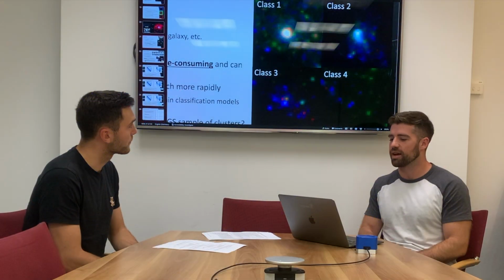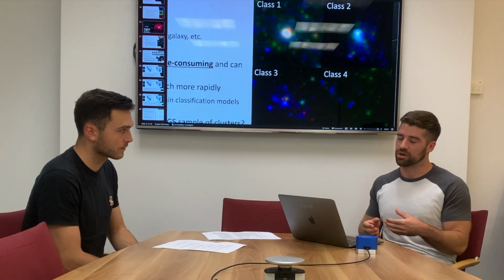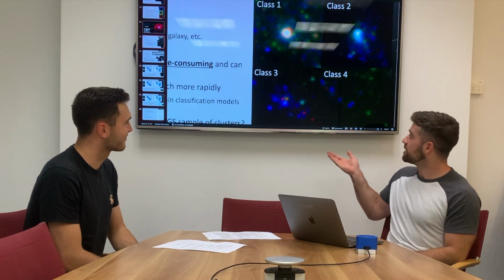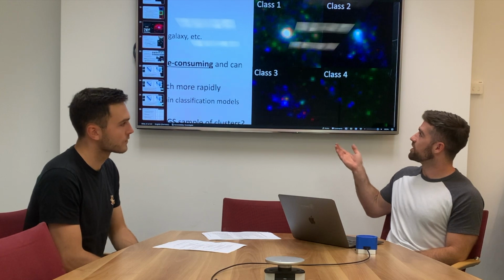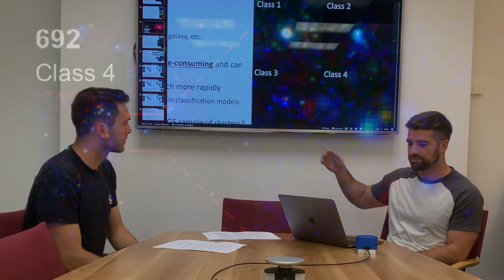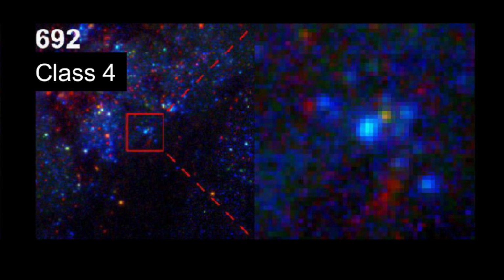We define those as having at least 4 stars within a 5-pixel radius. But as you can see in this image, rather than having a single peak like class 1 and class 2, we have multiple peaks. And then our final class is a non-cluster.